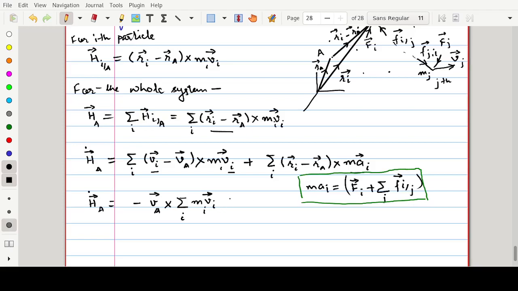So this is net moment acting on the system. So I will write here MA, and that moment is taken with respect to this point A. Okay.